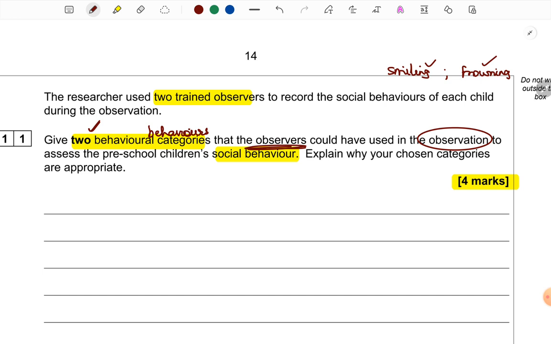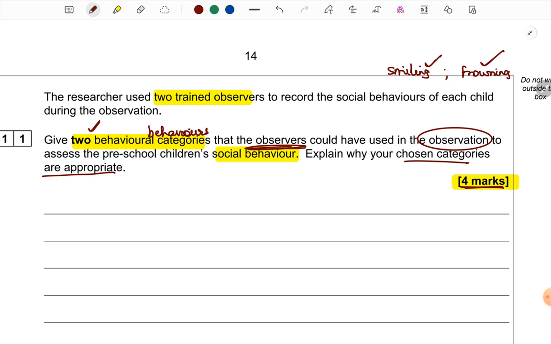Now, I also have to justify why my categories are appropriate. They have not said why each category is appropriate. So, overall, I can give some reason. Also, they have not specified how many reasons I need to give. Like, do I need to give two reasons or one reason will suffice? Because it is allocated 4 marks, I know I'm going to get 1 mark for each behavioral category.